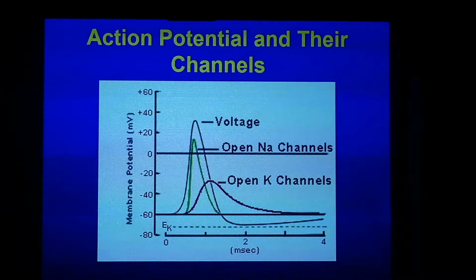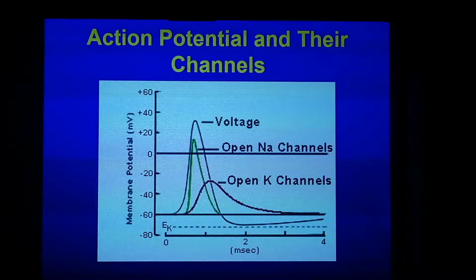The reason we get this so-called hyperpolarization is two effects. First, many of these sodium channels remain in the inactivated state, so they're not available to flicker open and closed. So we have fewer available sodium channels to contribute to sodium permeability.